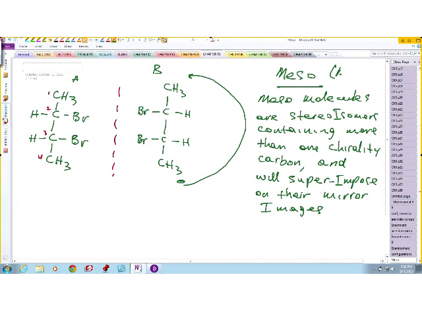So molecules A and B are what we call meso molecules.